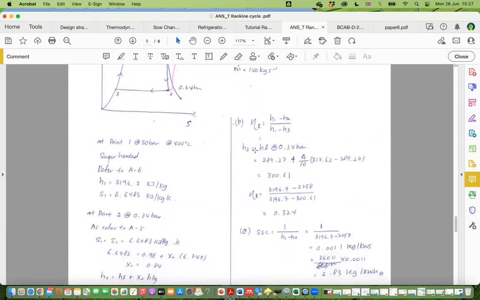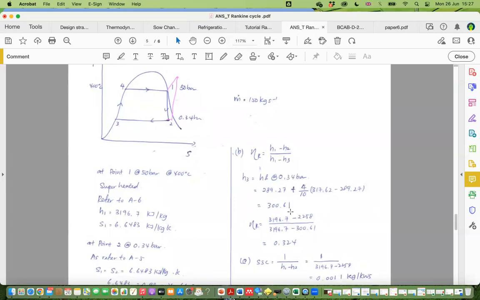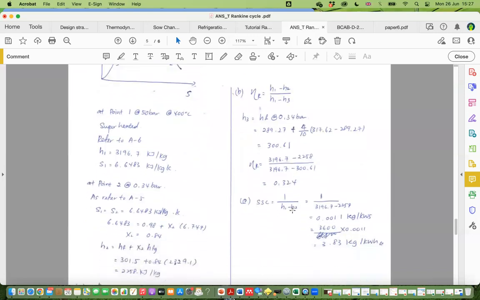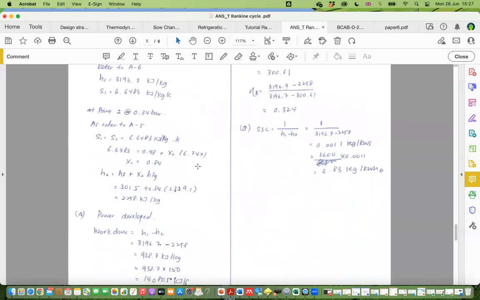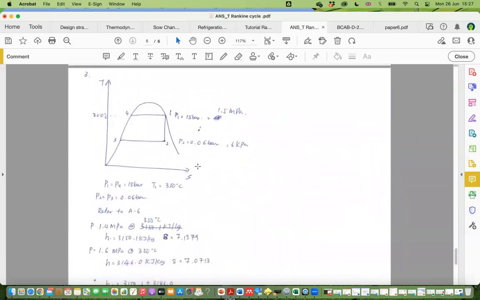Then I can have my h3, put everything in, and that is my efficiency. Again, in this question it never mentions the feed pump, so we ignore the feed pump. And SSC is 1 over h1 minus h2. That will be quite simple for you. Sorry for the noise.